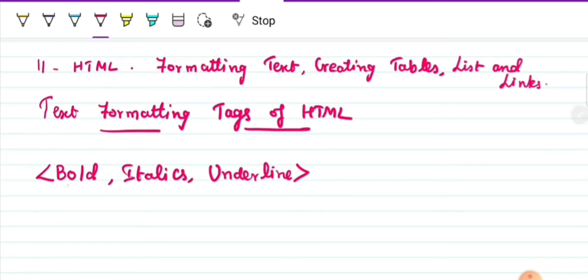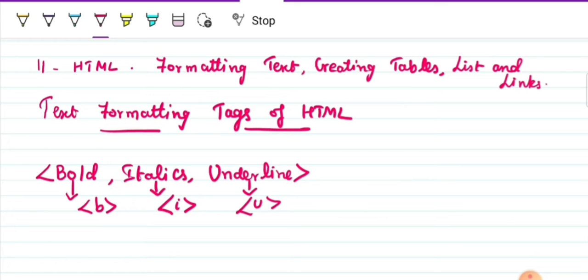For bold, the tag used is B. For italic, the tag used is I. And similarly for underline, the tag used is U. You people know the tag will always appear inside angle brackets.